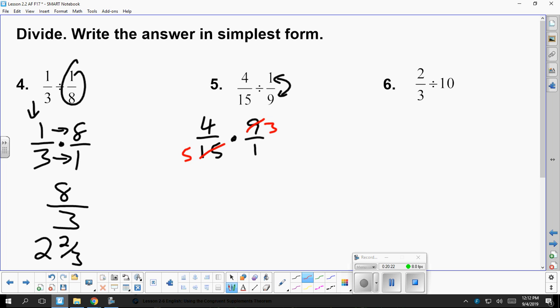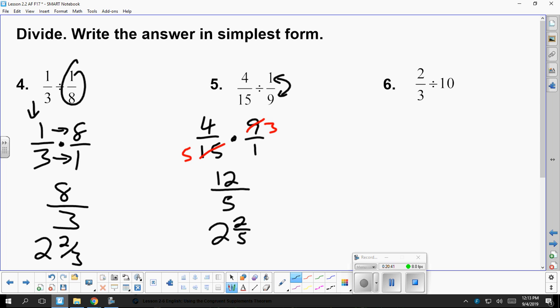And then I'm going to go ahead and multiply across. 4 times 3 is 12. 5 times 1 is 5. 5 goes into 12 2 times, with 2 left over, I put that 2 over 5. So that's 2 and 2/5.